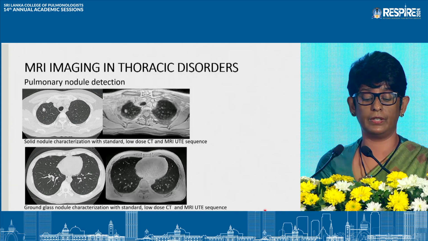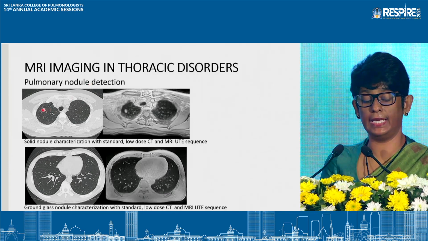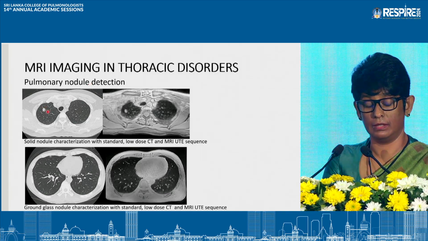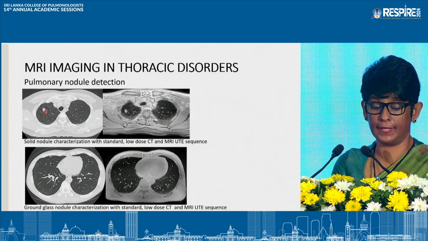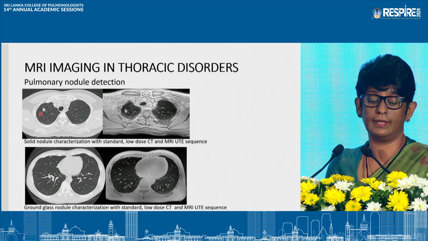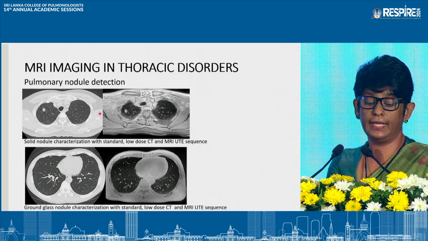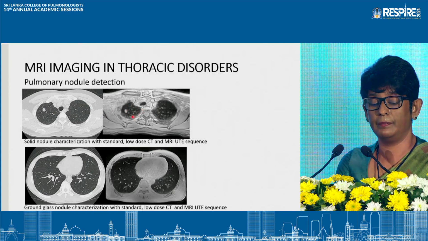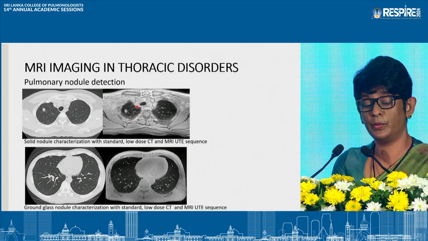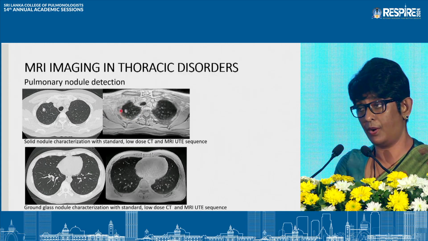So the first set of images shows a low density, low radiation CT of this right upper lobar nodule, and the corresponding imaging with MRI. You can see there is no depletion of the resolution.